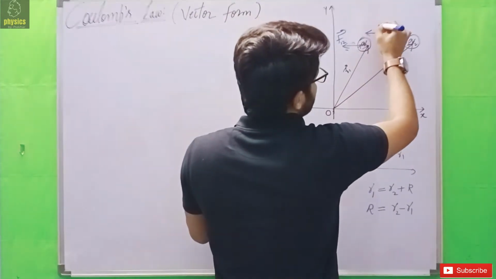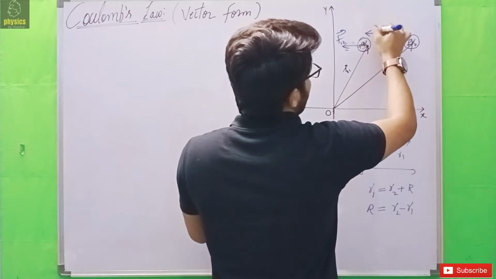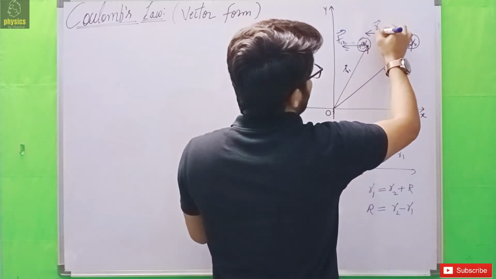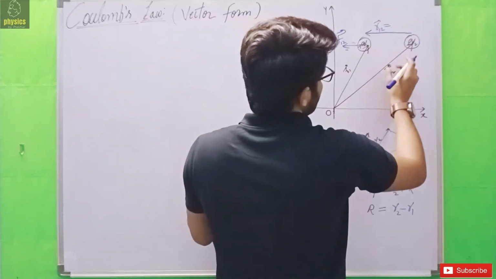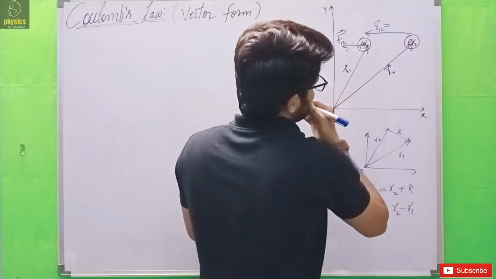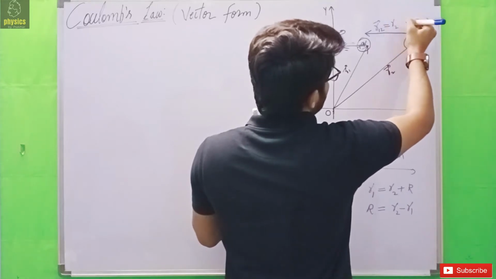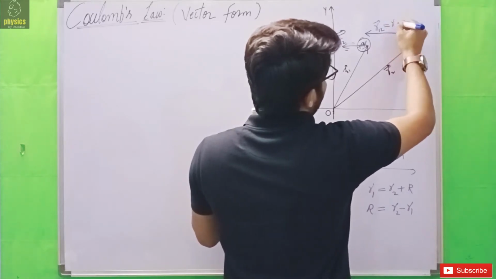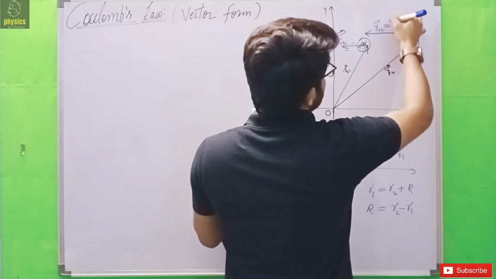I am calling it R12, which is equal to R1 minus R2.